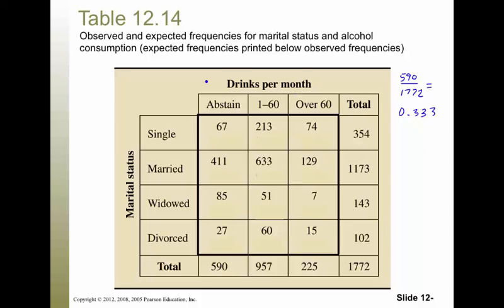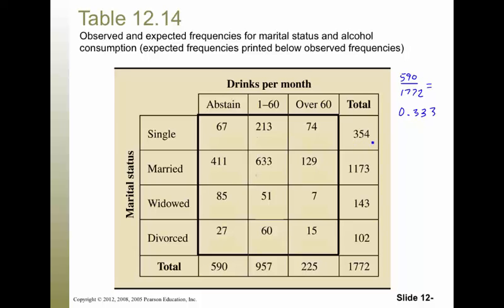So if the marital status has no bearing on drinks per month, and we have 354 single people, then what would we expect if these are independent? How many of these 354 would we expect to abstain? How would you find it? What would you do? Or in general, what would it be?